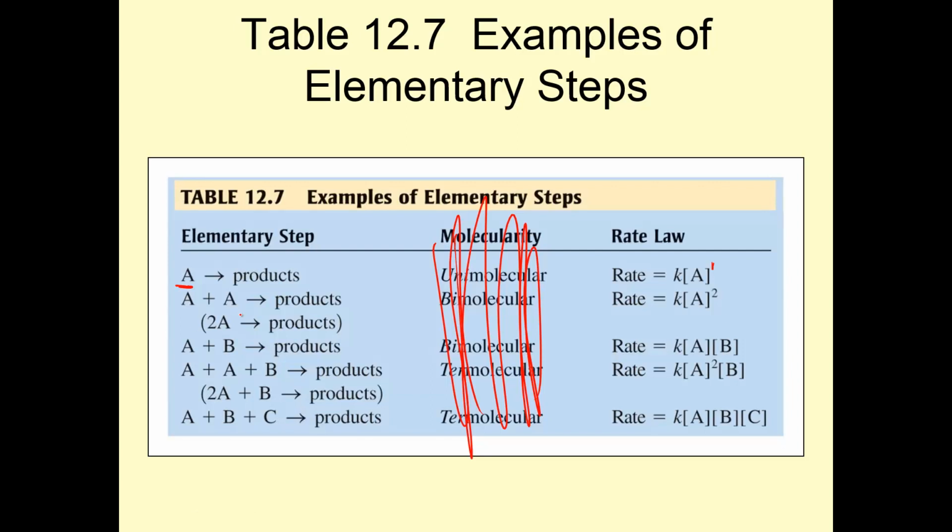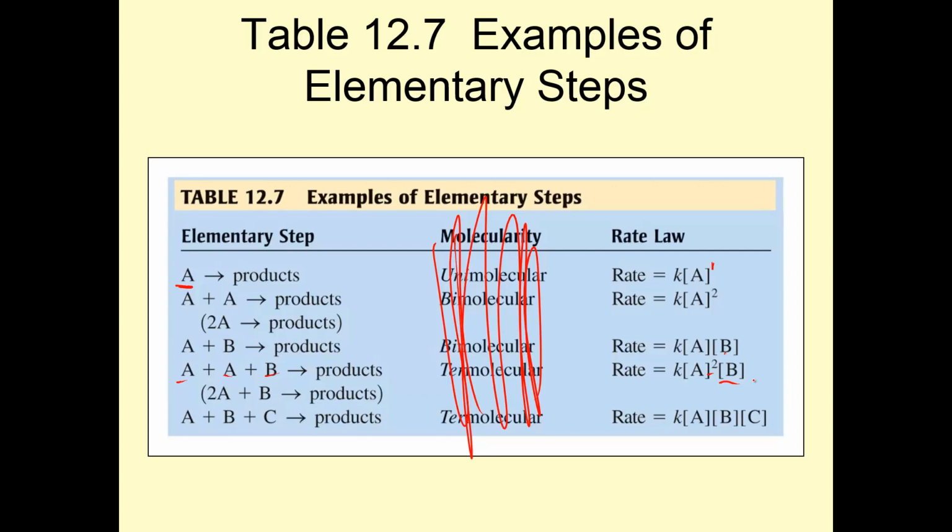And 2A is the same thing as A plus A. A plus B yields products. Notice 1A, 1B, AB. A plus B yields products. A squared B. So you don't need to write down all of these, but do you get the idea of how you can figure out the rate laws? On that elementary step, if it's an elementary reaction, you just count the occurrences of each reactant.